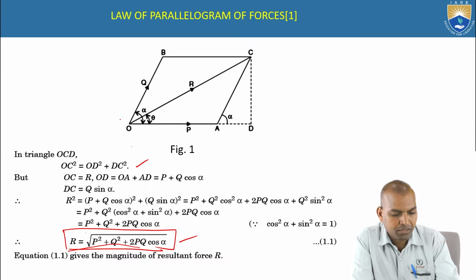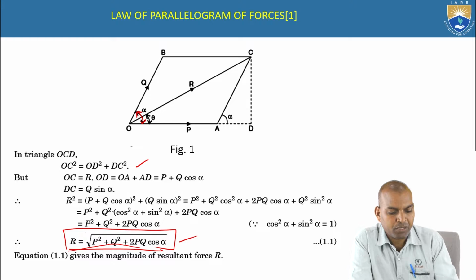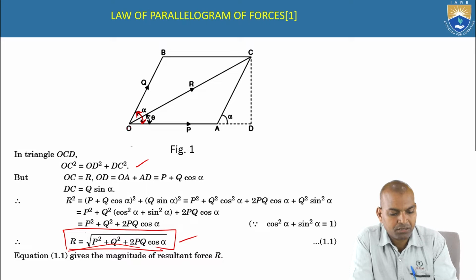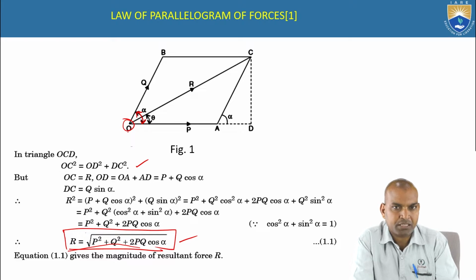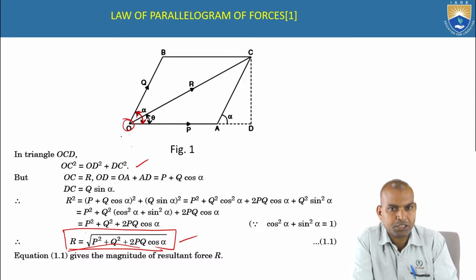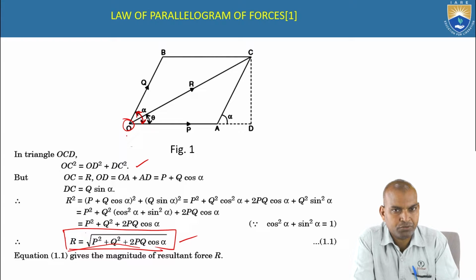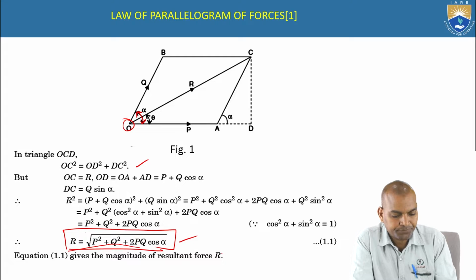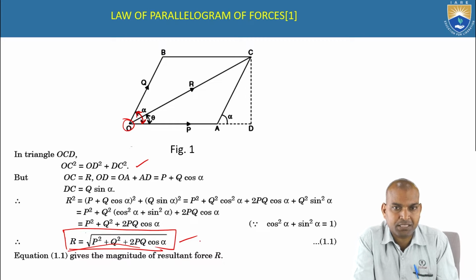P is the horizontal force, that is the side OA, and Q is the other force. P and Q, when acting on the particle O, give a resultant force equal to the square root of P square plus Q square plus 2PQ cos alpha.